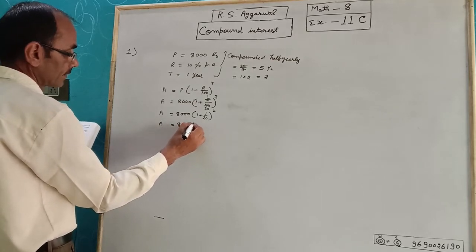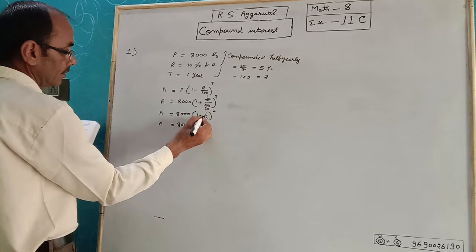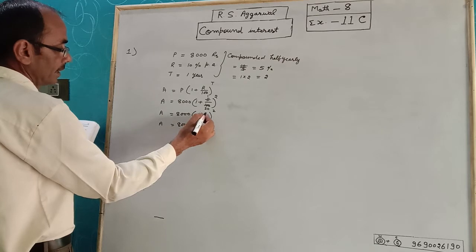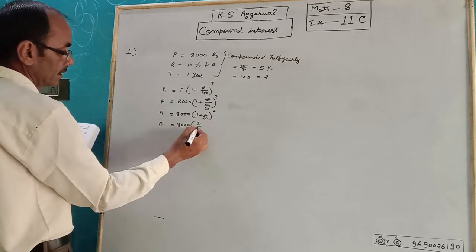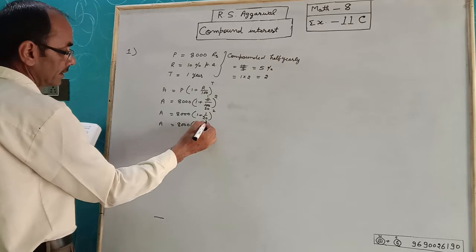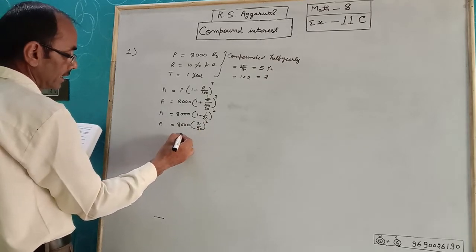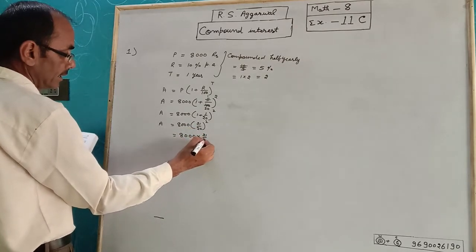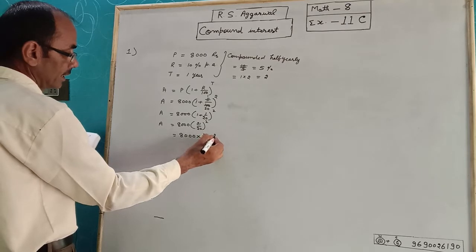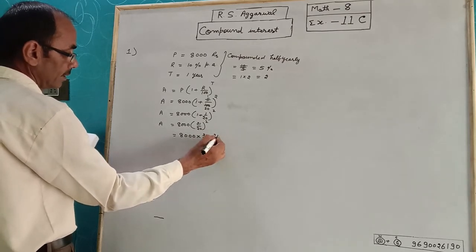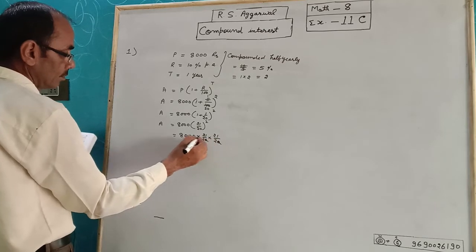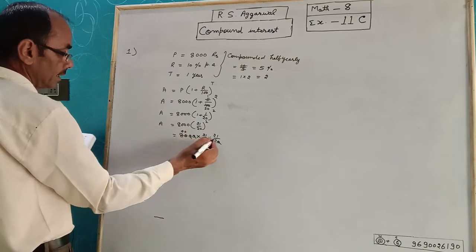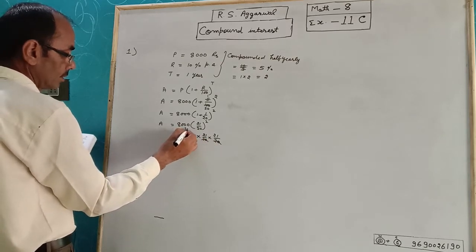8,000, change into improper: 20 plus 1 is 21 upon 20 power 2. 8,000 (21 upon 20) write 2 times, 21 upon 20 times 21 upon 20. 20 by 20, 8 4 ja 8 and 2 ja.